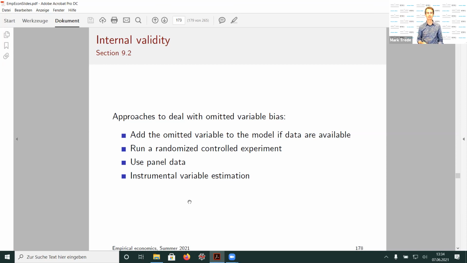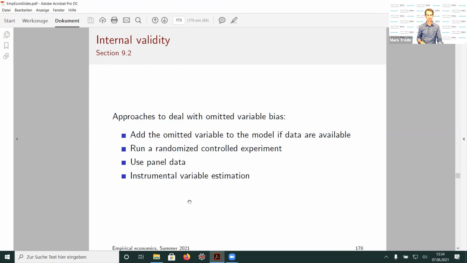So in that case, finding a variable which is a proxy for the ability of the workers or the students is really hard. Usually you won't have data sets where such data are available.